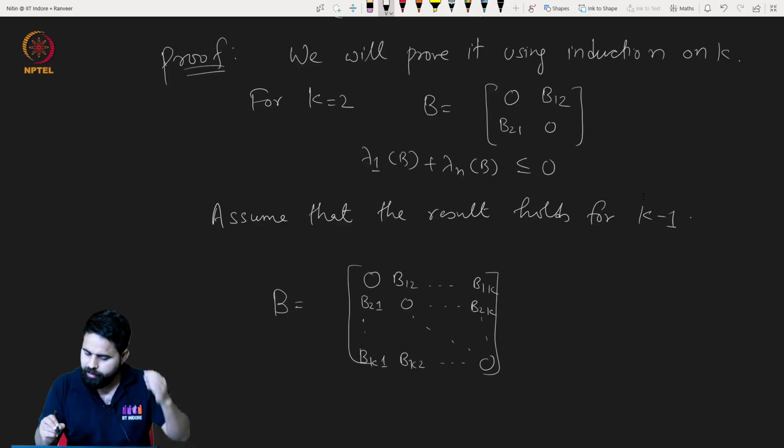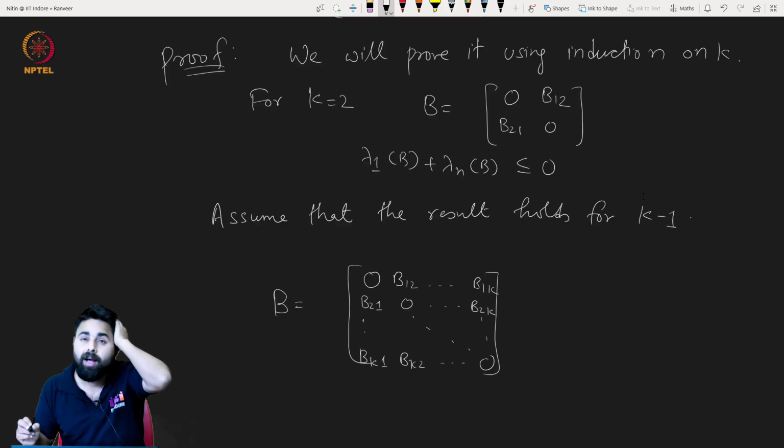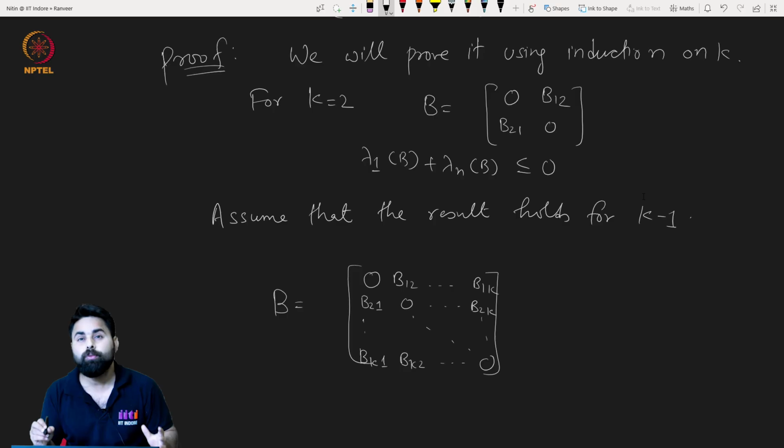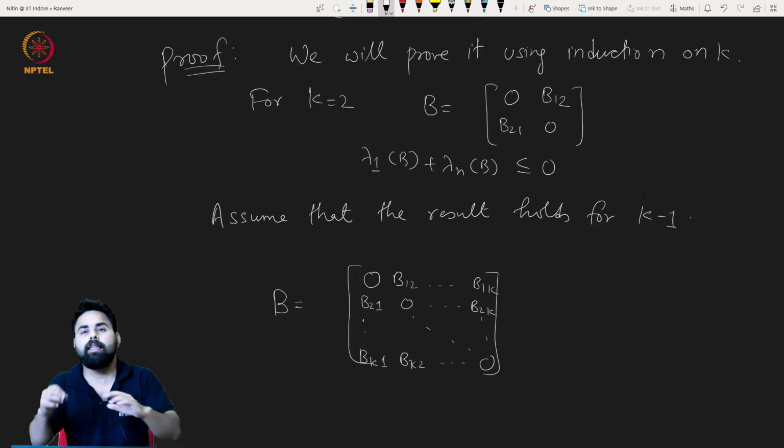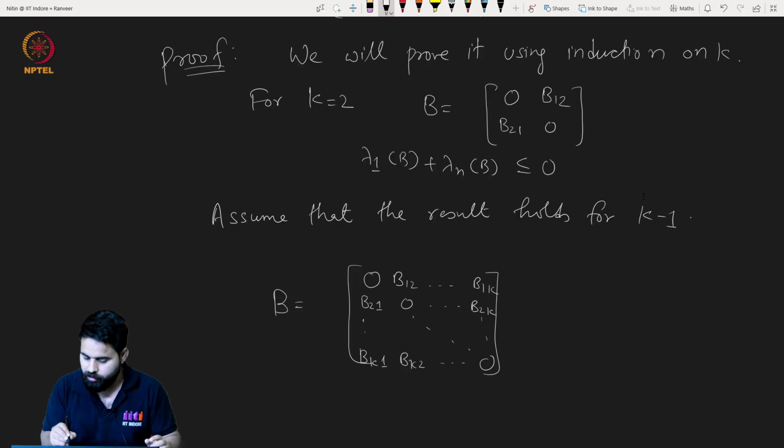Okay, now assume a sub matrix of B where the last row of blocks and the last column of blocks is not there. So basically assume this matrix.